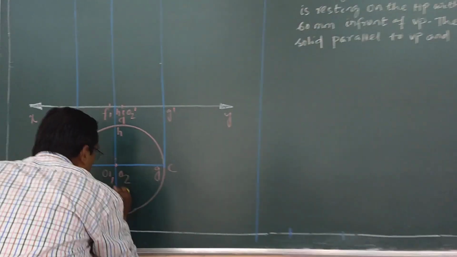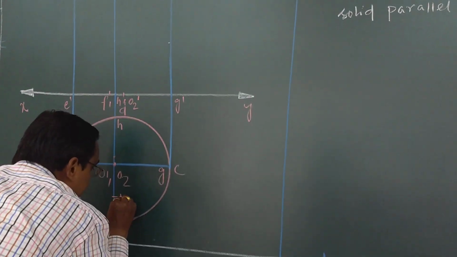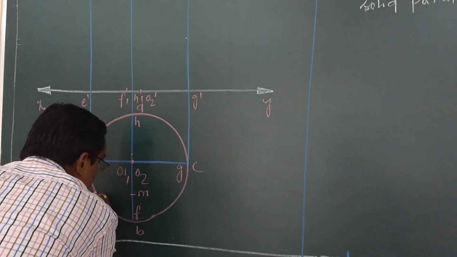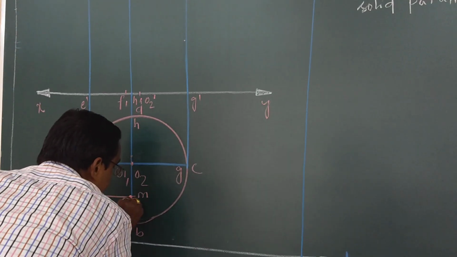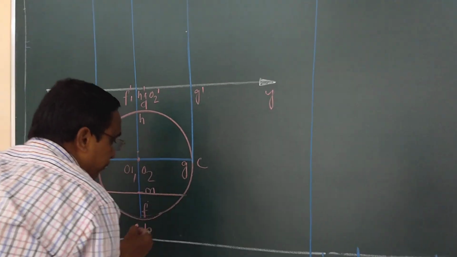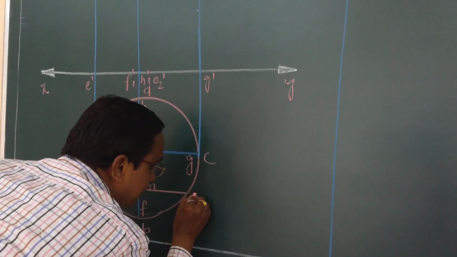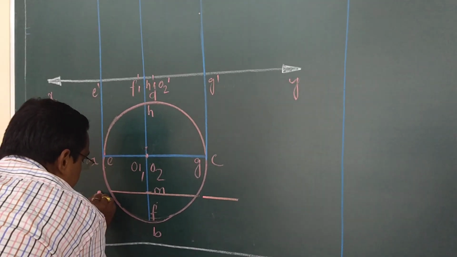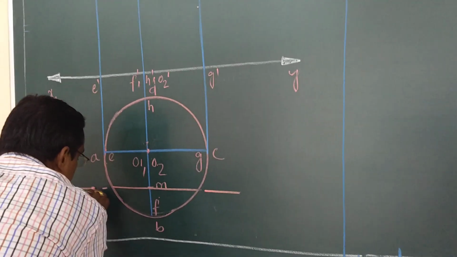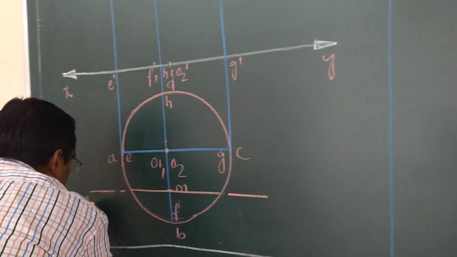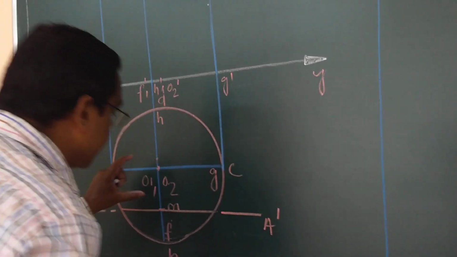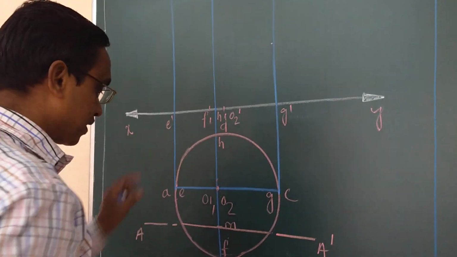From O1 to M I will mark 30, one point, and I will draw here the cutting plane line, 2 mm gap and 10 mm line, 2 mm gap and 10 mm line, and here I write down AA dash. AA dash is the cutting plane which cuts the cylinder 30 mm from its axis.